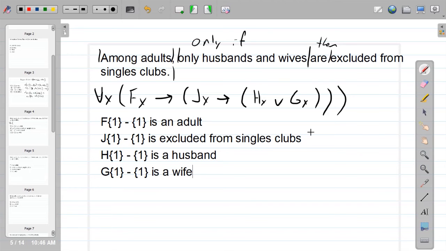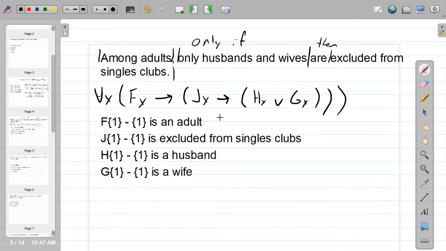Does that sound right to you? I mean, not morally, but logically. Yeah. So the suggestion is we say it like this.